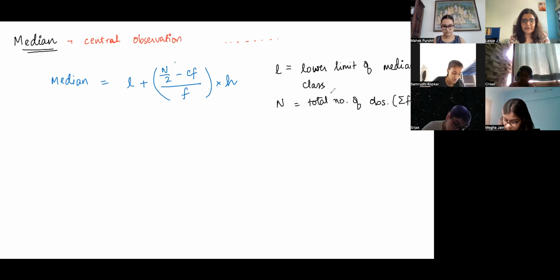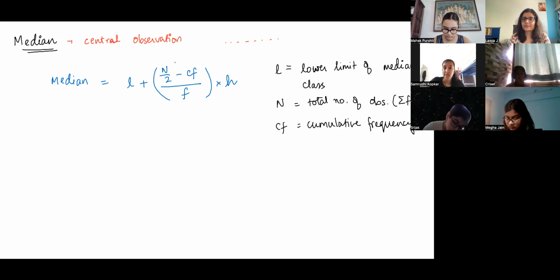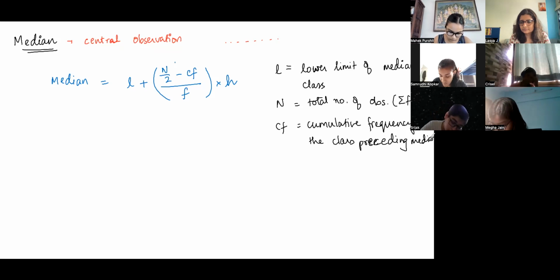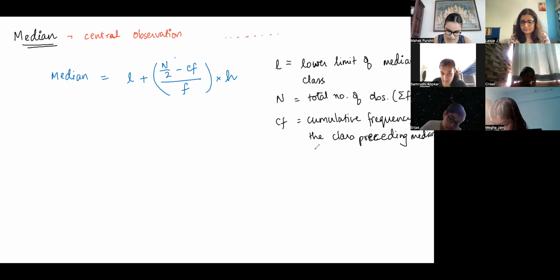Then what else do we have? CF is the cumulative frequency of the class preceding the median class. What else do we have?